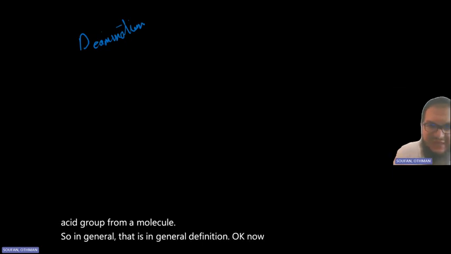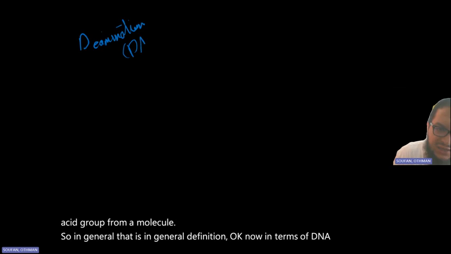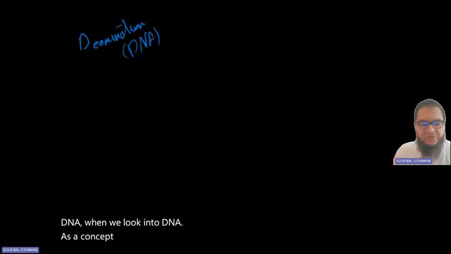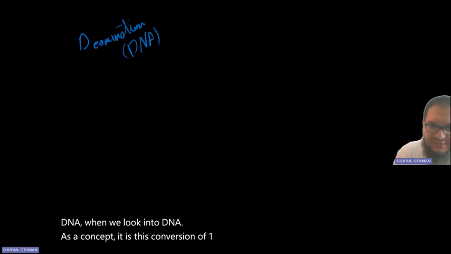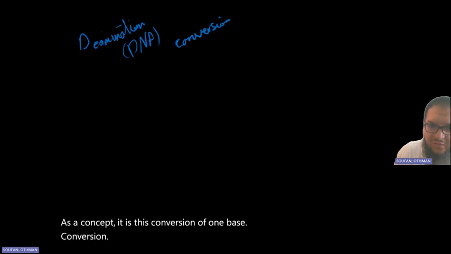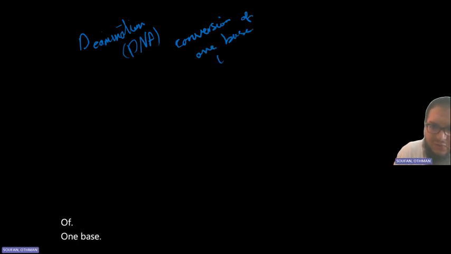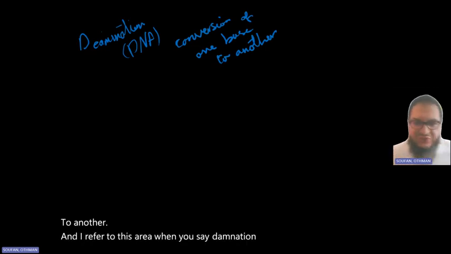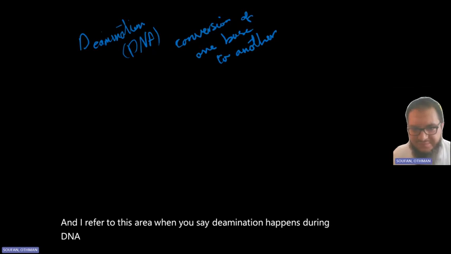Now, in terms of DNA, when we look at DNA as a concept, it is the conversion of one base to another. And I referred to this earlier when I said deamination happens during DNA replication.